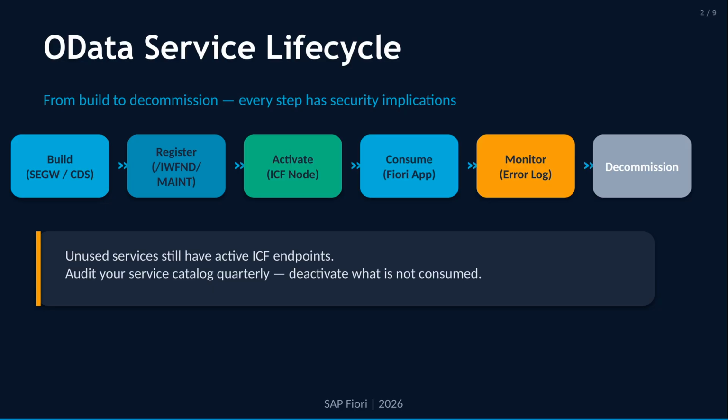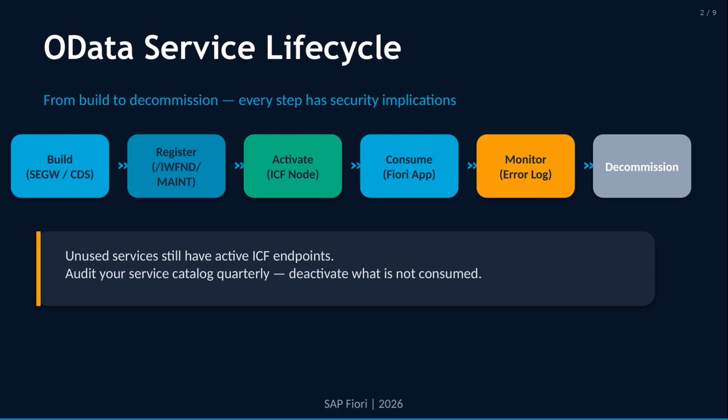You build a data model, either a traditional gateway builder model in transaction SGWMD or a core data services view with OData annotations. Next, you register and activate the service in transaction /IWFND/maint_service.